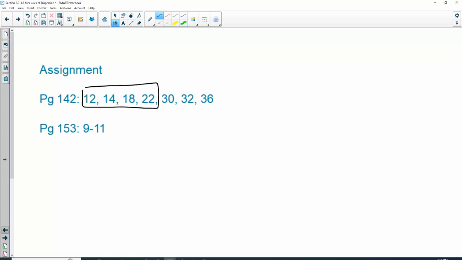There's a couple of them that ask for standard deviation, but let's only do one of them by hand, it's time consuming. So let's make problem 14 be the one we do by hand, because it's the smallest data set. And then the others, when it asks for standard deviation, use your calculator. Put it in that L1 and get your standard deviation from there. You guys have time?